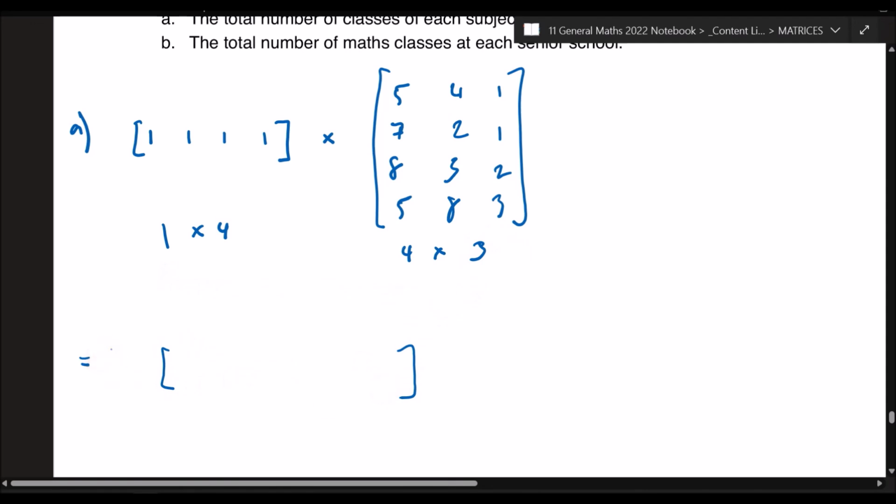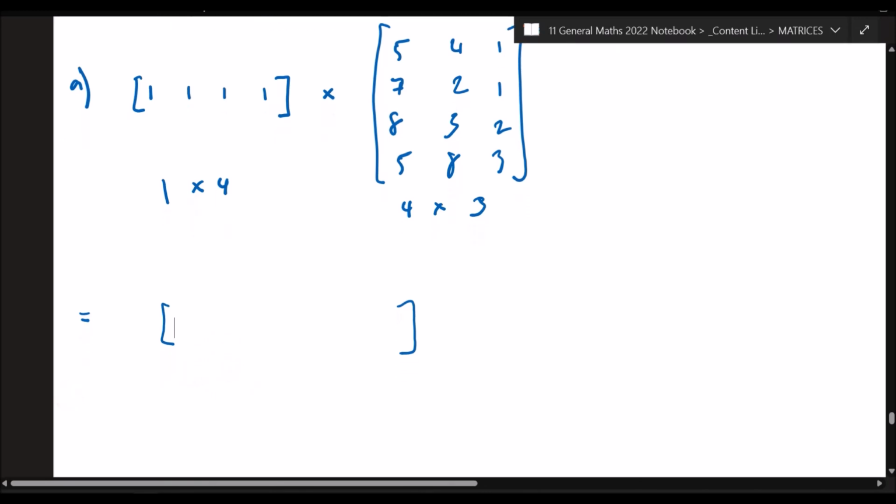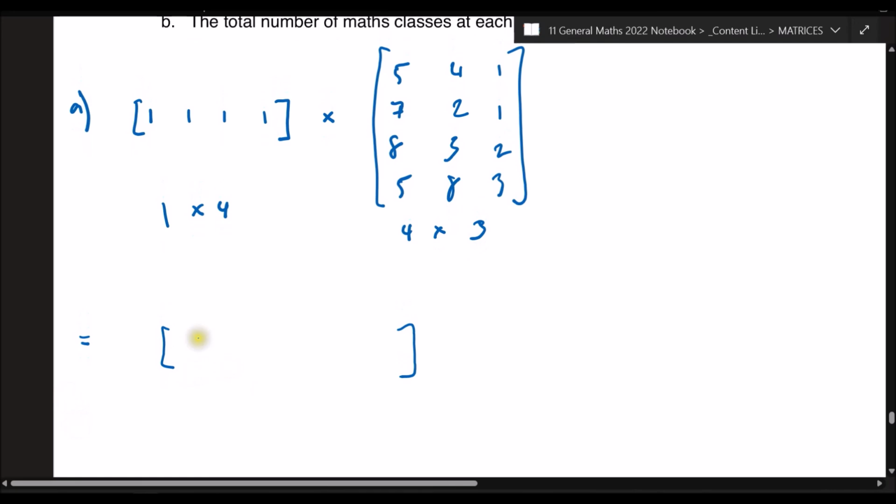Okay, I can do it in my head. Basically, I'm just adding all of this anyway. In terms of working out, you don't have to show 5 plus 7 plus 8 plus 5, there's too much. You can just do this in your head. So adding them all up, 5 plus 7 is 12, plus 8 is 20, plus 5 is 25. So 25 for that first one.